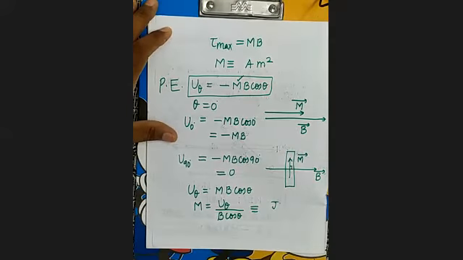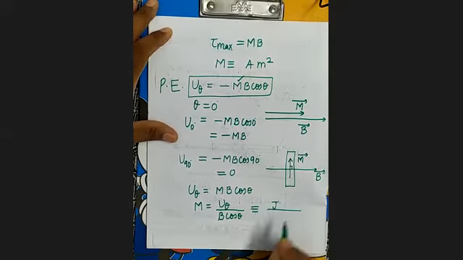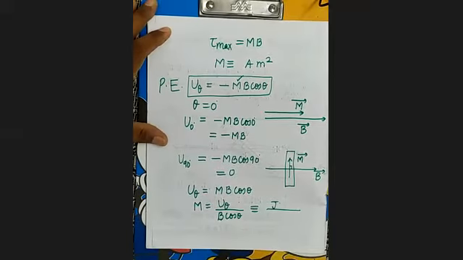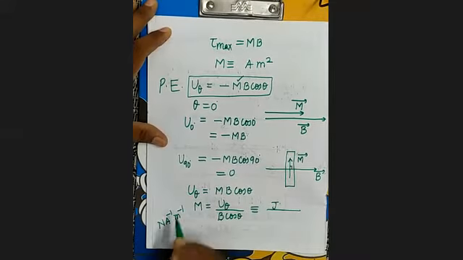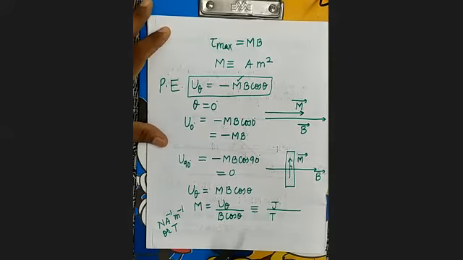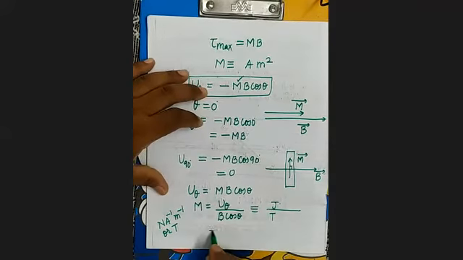Unit will be joule. Now see here, what is the unit of B? So one unit of B is Newton per ampere per meter, and the other unit is Tesla. So I am taking Tesla. It's clear. Cos theta is a trigonometrical term, having no unit.